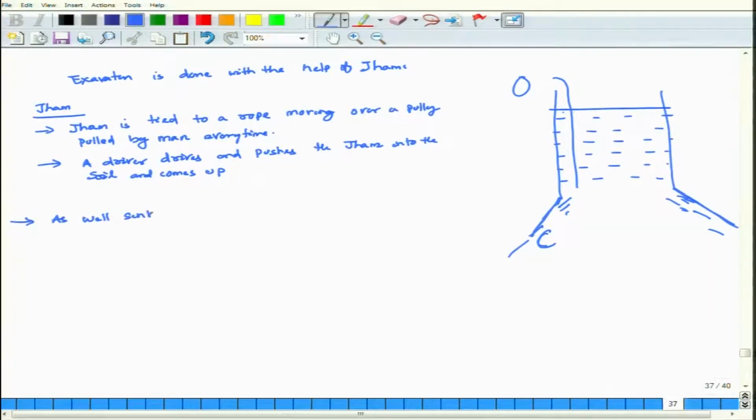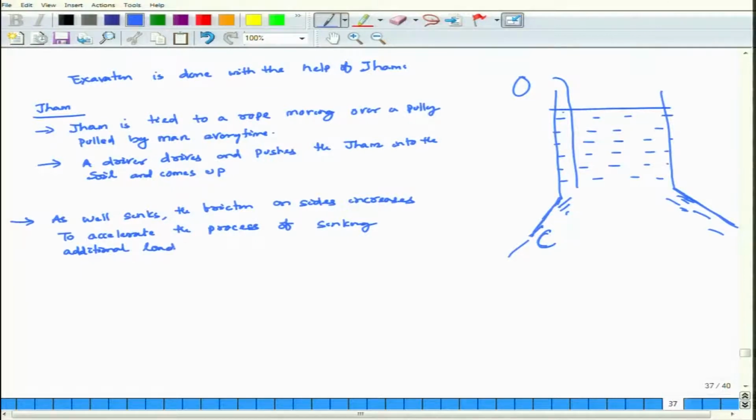To accelerate the process of sinking, additional load known as Kentledge is applied.